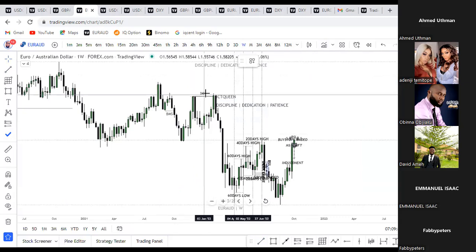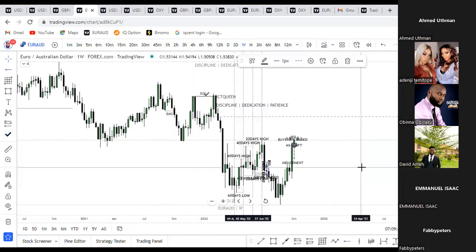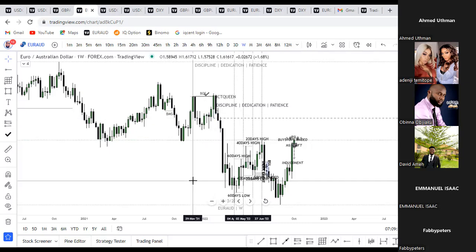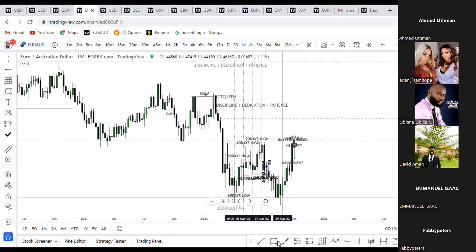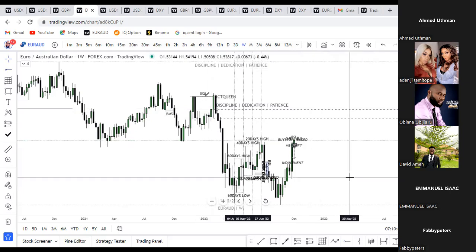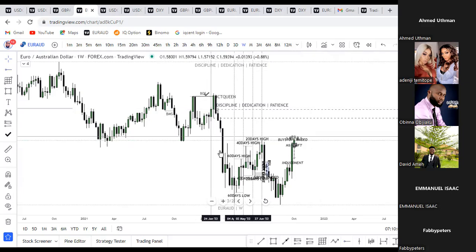So price is drawn to this zone. You can see that, right? Price is drawn to this CB range and all these weekly highs.